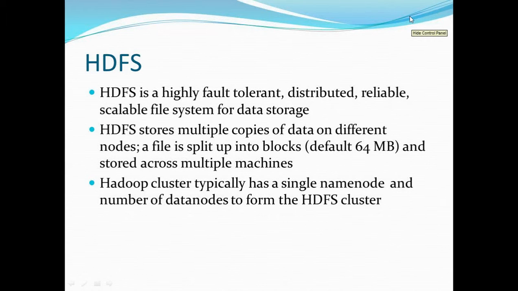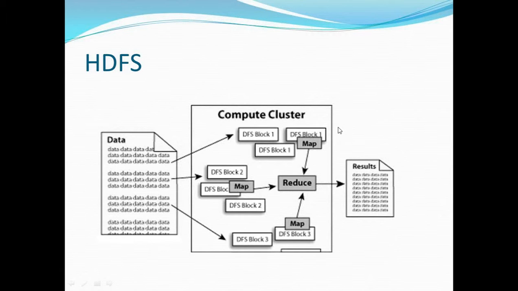Okay. Now, so guys, this way I try to explain that your file is split into data blocks, say data block 1, data block 2, data block 3, and then your MapReduce process will come on top of this to process the data and show you the results.